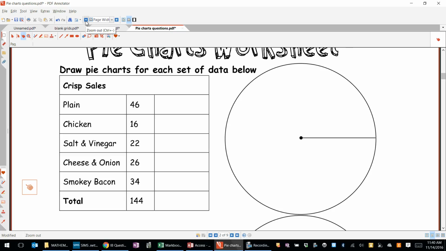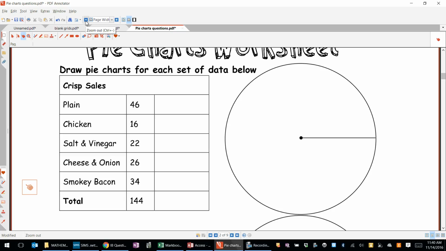first of all, tell me, what do you think that table of crisp sales tells me? It could tell you what type of flavors people like.